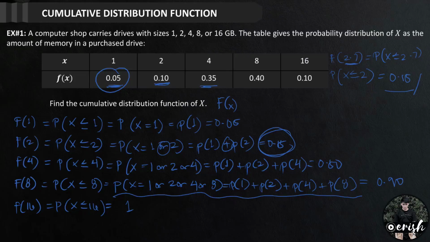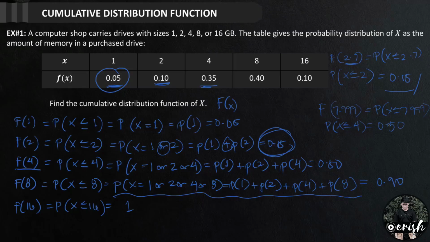Another example, kung bibigyan tayo ng random variable value na 7.999, say, F of 7.999, isulat natin as P of x less than or equal 7.999. Ang closest possible value nito to the left is dito na tayo sa F of 4. So, P of x less than or equal to 4 is equal to, ang probability niyan 0.5.